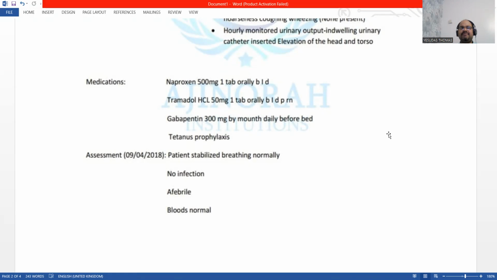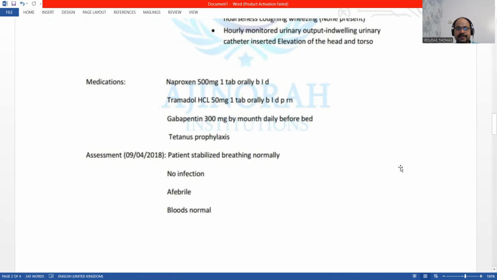The patient might have taken a tetanus toxoid injection before, so we need to inquire and find out when he took it. It all comes in a package. And if he has not taken it, we have to give a tetanus toxoid injection. So that comes under tetanus prophylaxis, not particularly giving a tetanus injection.